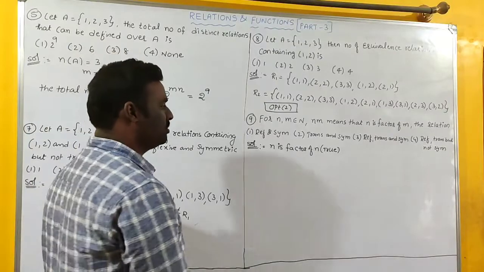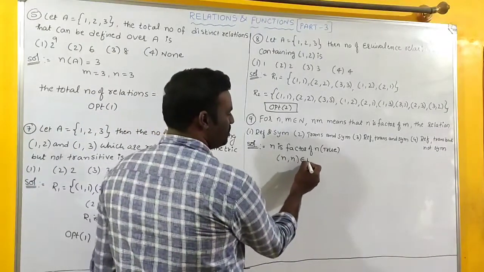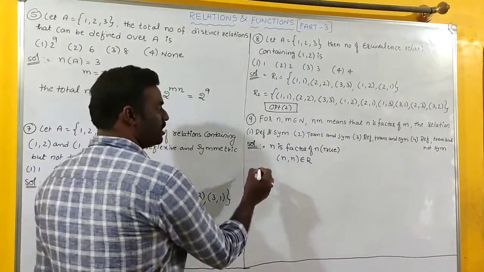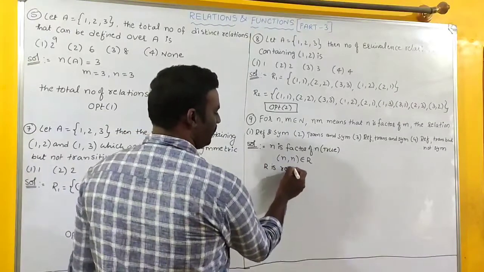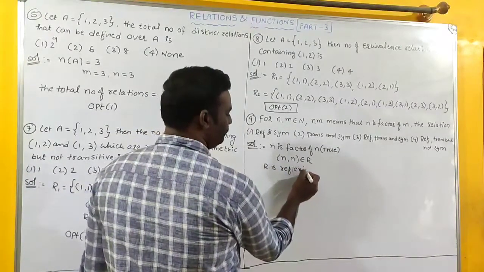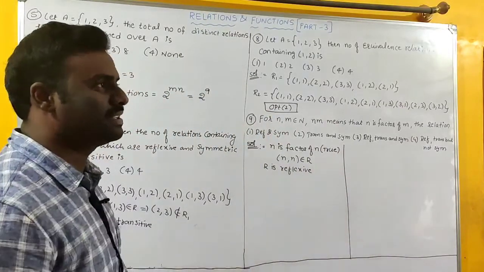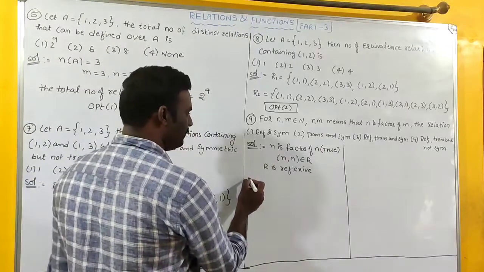This statement is true. Therefore, we can write (n, n) belongs to R. If (n, n) belongs to R, then we can say R is reflexive. R is reflexive.